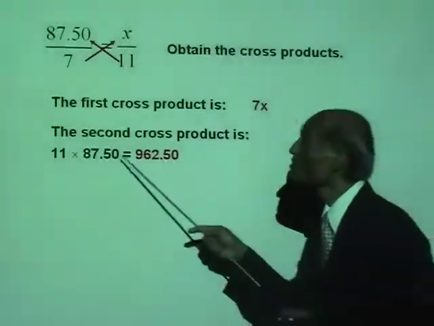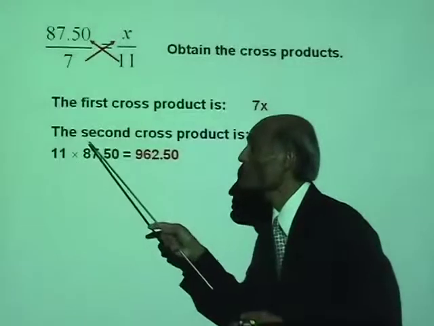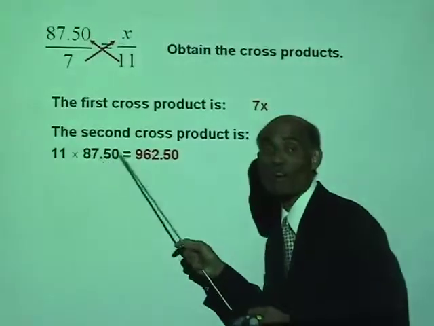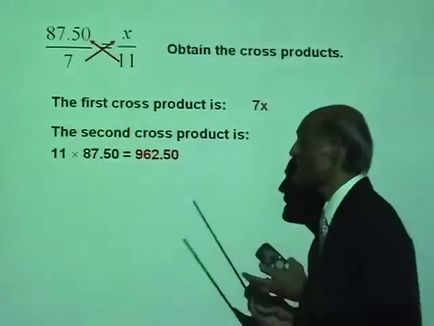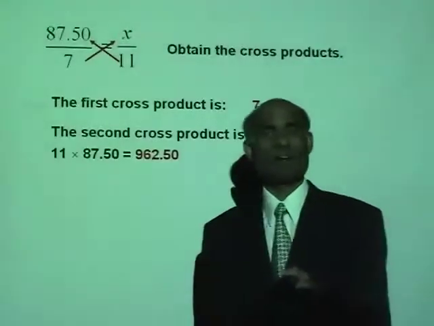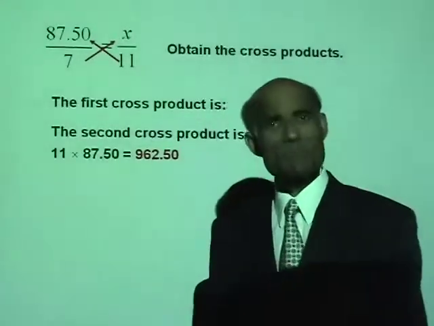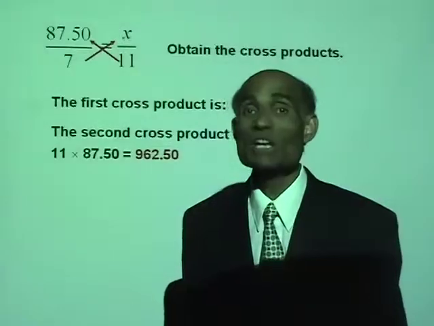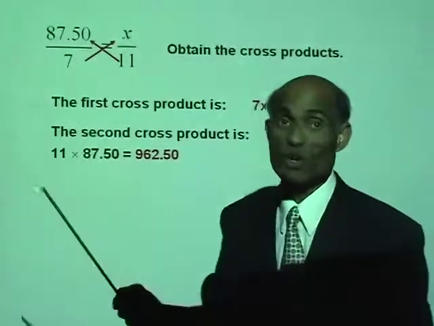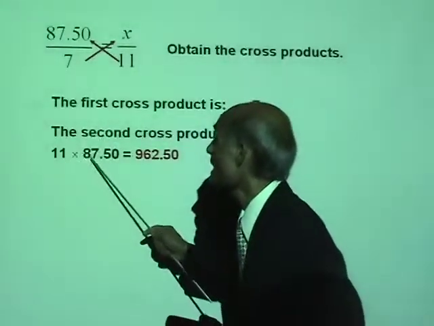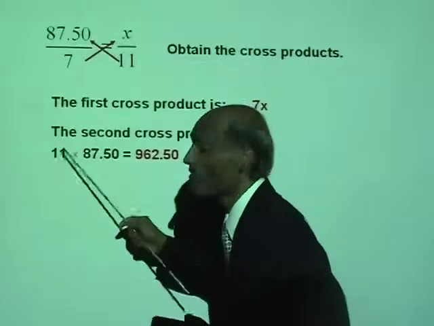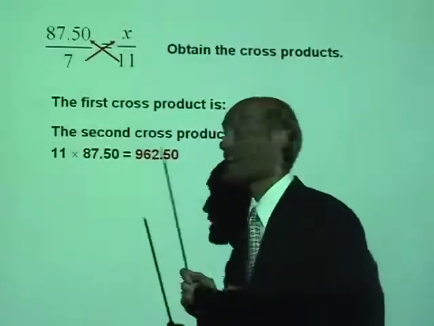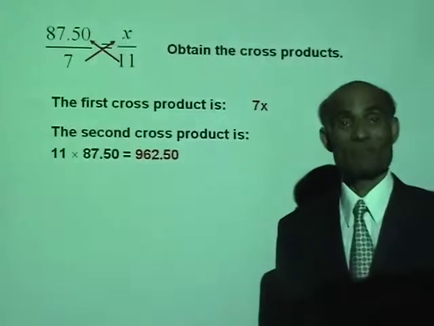Now, I want you to do that on your own. 11 multiplied by 87.5. I got it as 962.5. You know, very often I make mistakes, and you need to check it. So you multiply 87.5 by 11 and check if I got the right number.